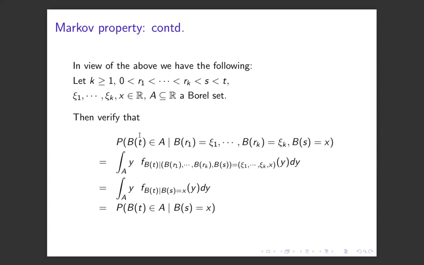Okay. So we want to find the probability that B_t takes value in the set A, given B_{r_1} equal to xi_1, B_{r_2} equal to xi_2, ..., B_{r_k} equal to xi_k, and B_s equal to x.